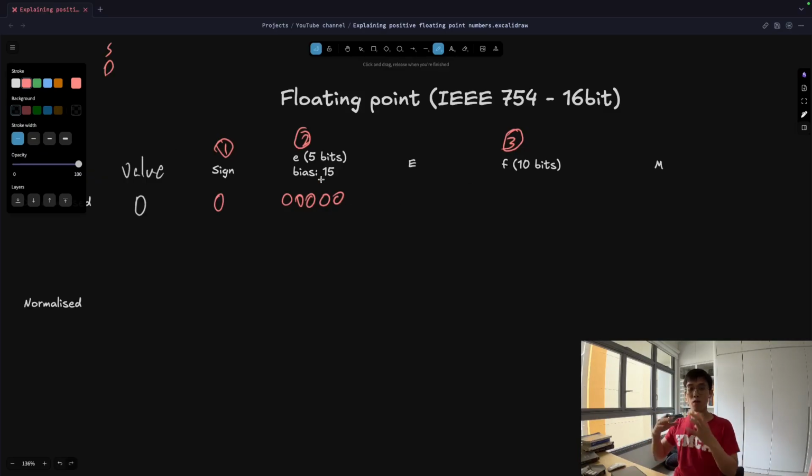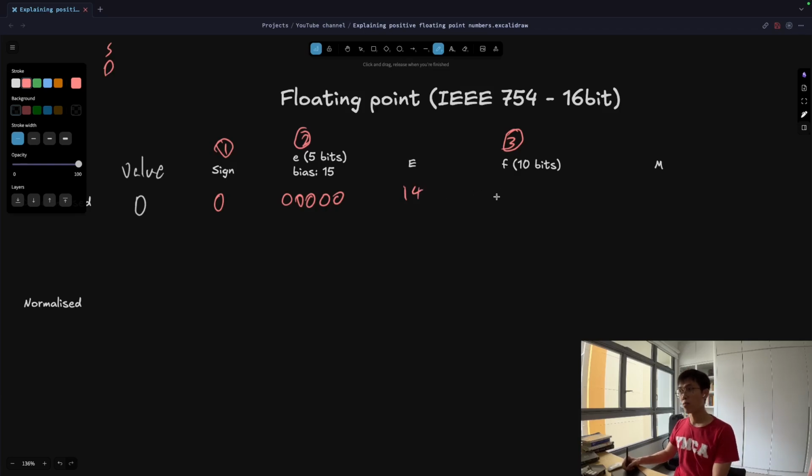But for now, denormalized numbers have an exponent of 1 minus the bias, which in this case is 15. So that is negative 14.